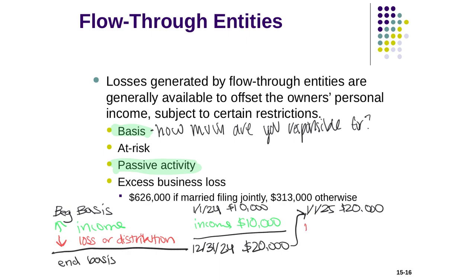Let's say in 2025 we had a loss of $15,000. Then our ending basis would become $5,000.